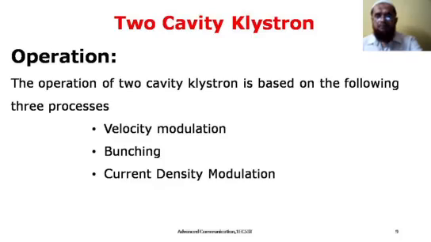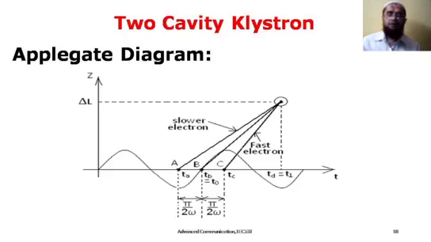The second is bunching. What is bunching? First, I will explain velocity modulation once more. You are seeing one diagram. Here there are 3 electrons, A, B and C. These 3 electrons are coming out of the electron gun. While it is emitting from the electron gun, we have the time gap of 3 electrons. Electron A with time Ta, electron B with time Tb, electron C with time Tc.